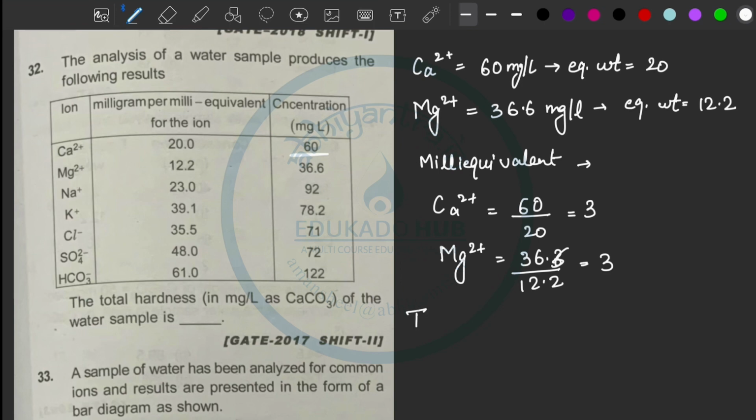So total hardness we have to give in terms of milligram per liter as CaCO3.